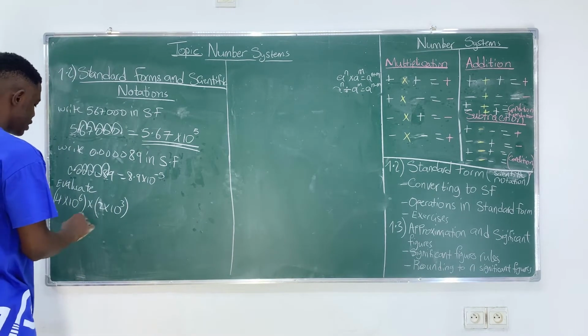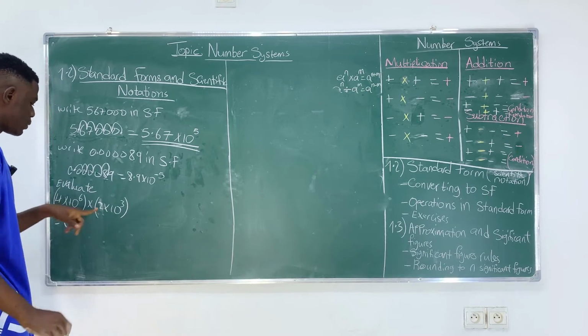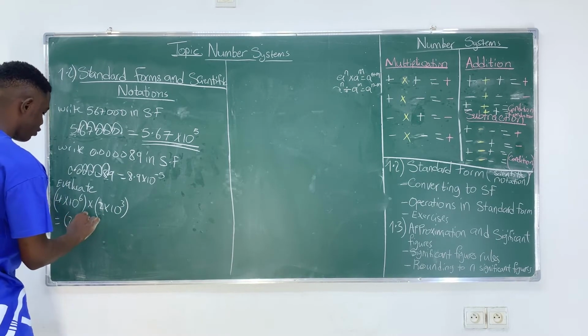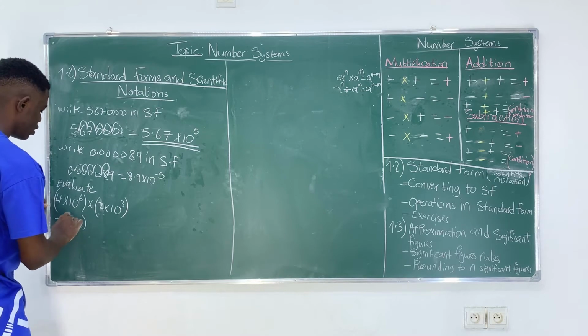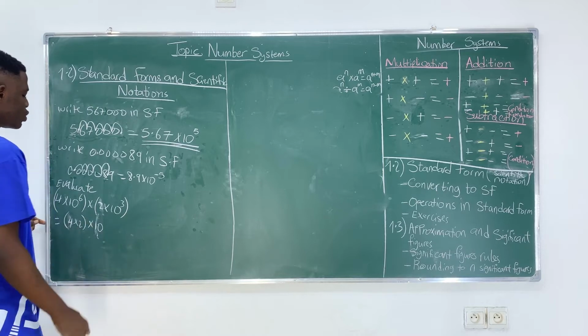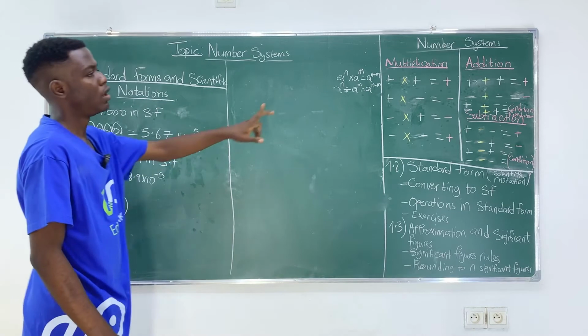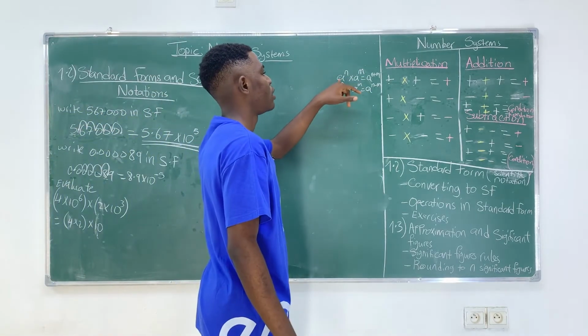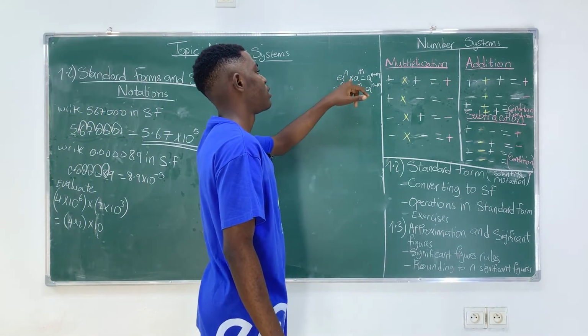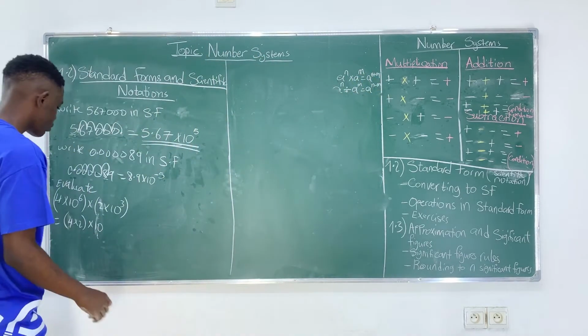As we said, I will multiply the digits first. That is going to be equal to 4 times 2, in the bracket, times 10 to the power, since I am multiplying, from this law of indices, I know that when the base is the same, I add the powers.